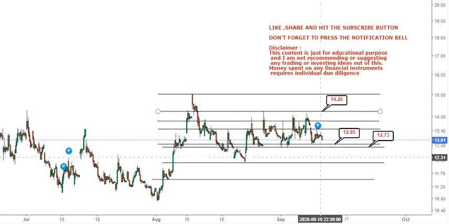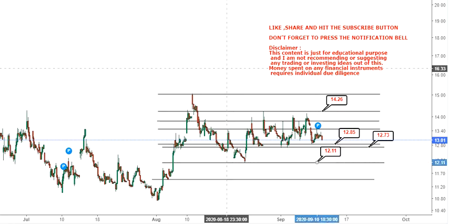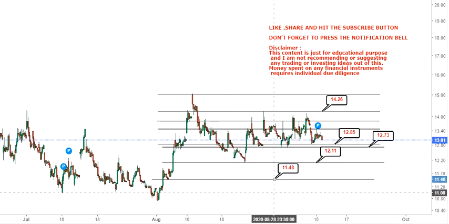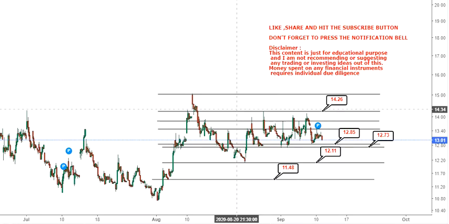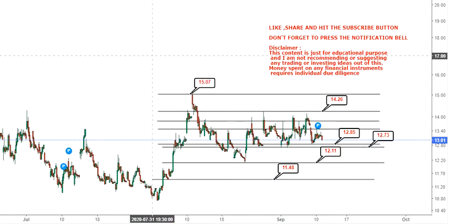But if it falls below 12.73, then we have 12.11 and 11.48 on the downside. Similarly, on the upper side, if the stock breaks above 14.26, then we have 15.07 on the upside. So this is what you need to look at and take care of.